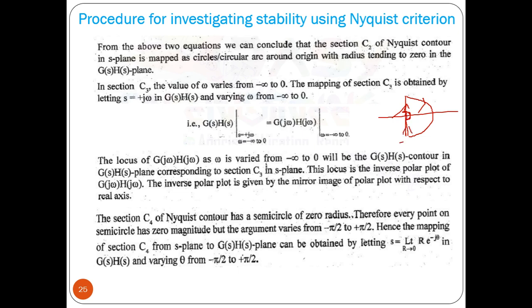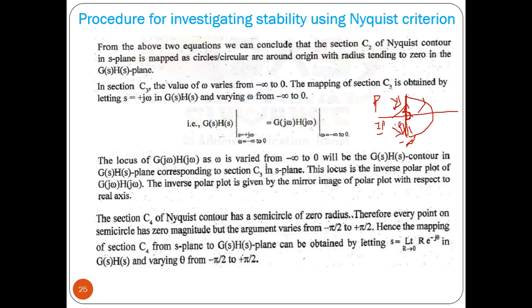So C3 means minus infinity to minus 0. Whatever the 0 to infinity plot is, the minus infinity to 0 minus plot will be the opposite. So the 0 to plus infinity plot is called the polar plot, and minus infinity to 0 minus will be the inverse of the polar plot. That's all.